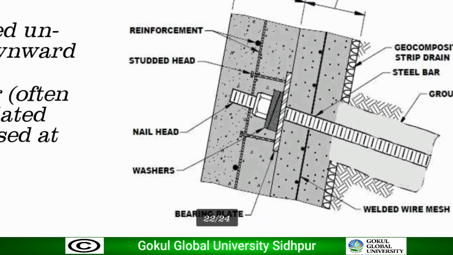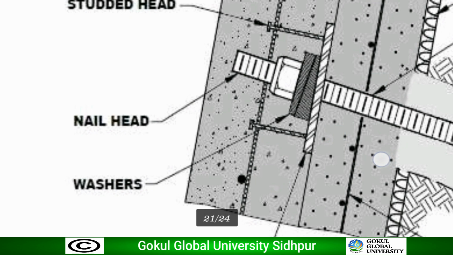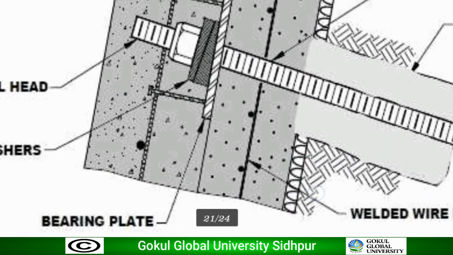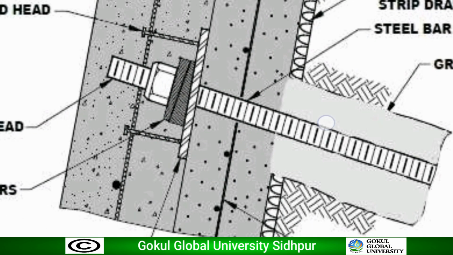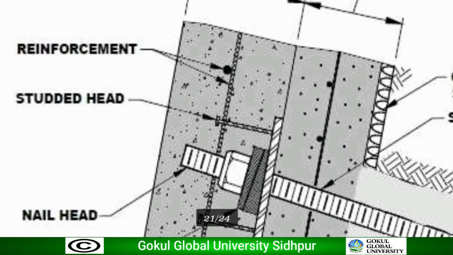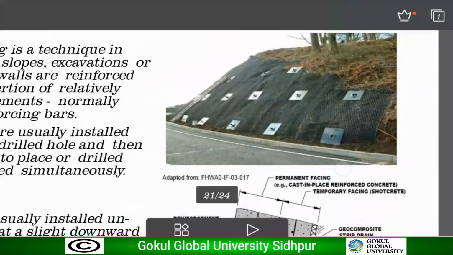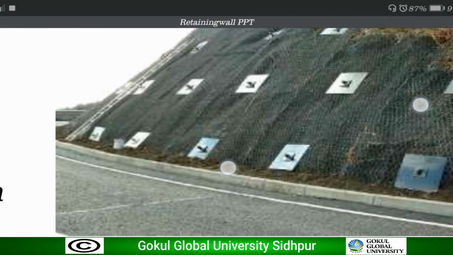This is soil nailing. This is the soil nail head. These are the washers, and the bearing plate is provided. These are the welded wire mesh and the steel bar. We can see that in the figure. And this one is reinforcement provided on the outer side of the nail head. This figure shows a side view where soil nailing is done.